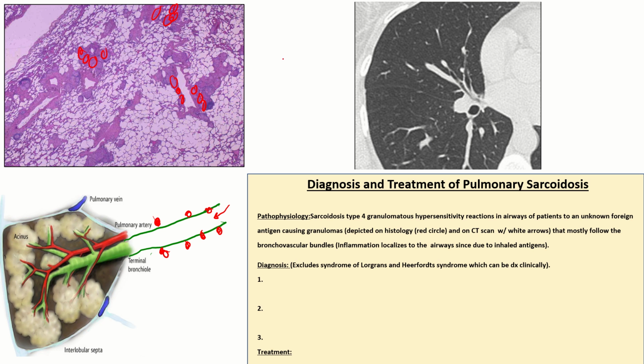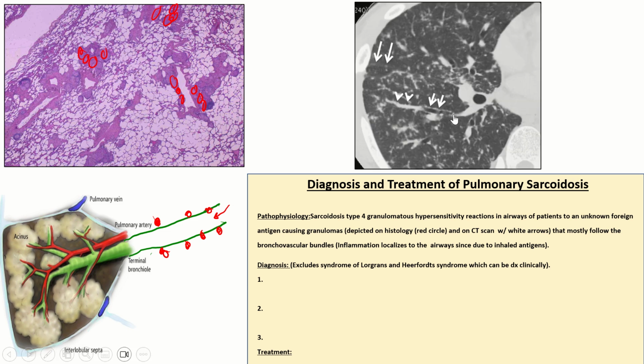It took me a while to understand, but what the CT scan is going to show here is what we call bronchovascular nodular thickening, which is truthfully just little granulomas in the bronchioles. So basically, these are little granulomas that spread through the bronchioles. You can see them throughout the lung too.